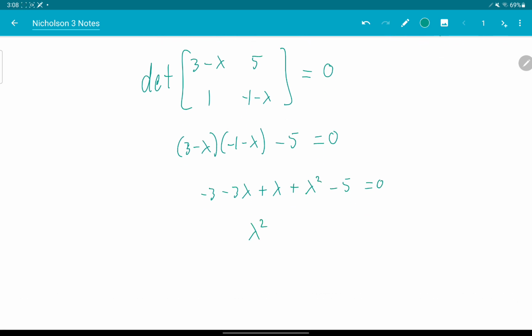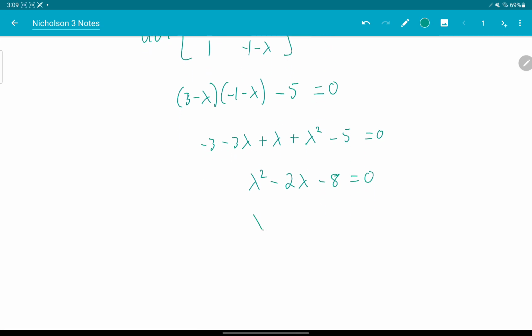And eventually, I think I'll use the quadratic formula or factor if I can. Minus 8 equals 0. I can factor this. Lambda minus 4, lambda plus 2 is 0. So lambda is 4 or lambda is negative 2. These are the eigenvalues.